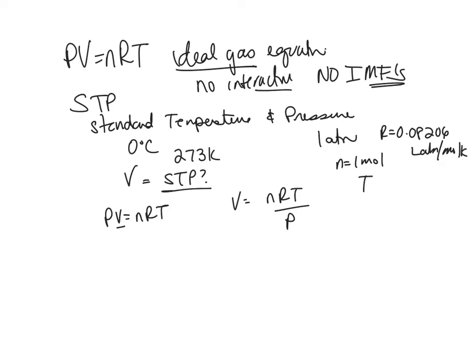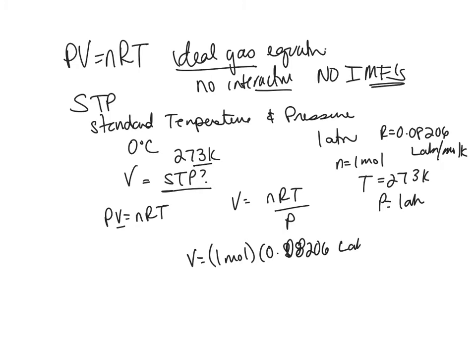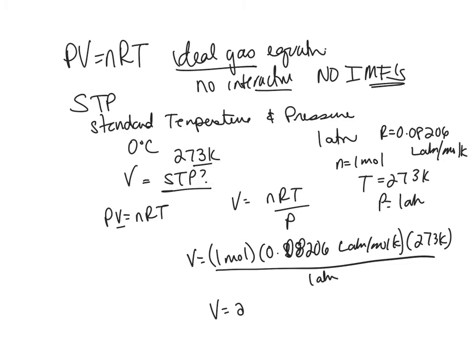Temperature now is 273 Kelvin, and pressure is 1 atmosphere. If you solve that, volume equals 1 mole times 0.08206 liters atmosphere per mole Kelvin times 273 Kelvin divided by 1 atmosphere. The volume should be 22.4 liters.